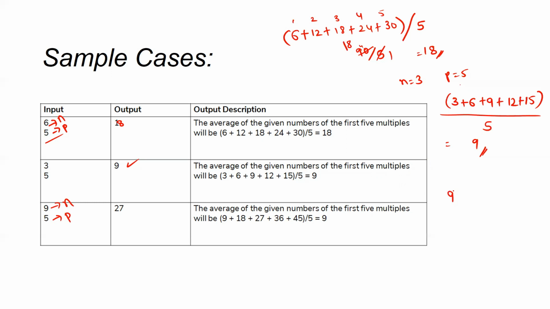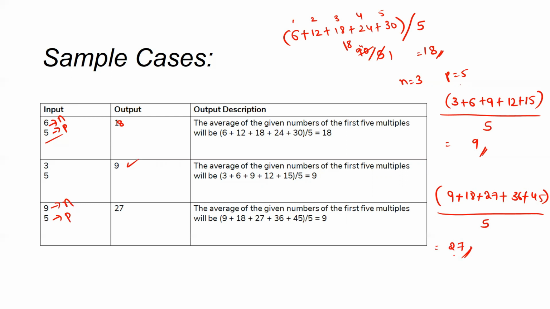The first multiple is 9, the second multiple 9 2s are 18, the third is 27, the fourth is 9 4s are 36, and the fifth is 9 5s are 45. Once we find the sum of these, we divide it by p, which is again 5. If you do that, we will get 27 and we will return that as our answer.